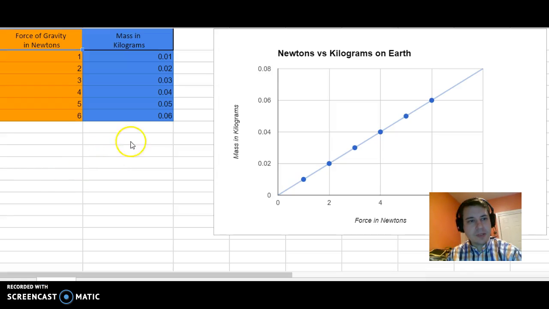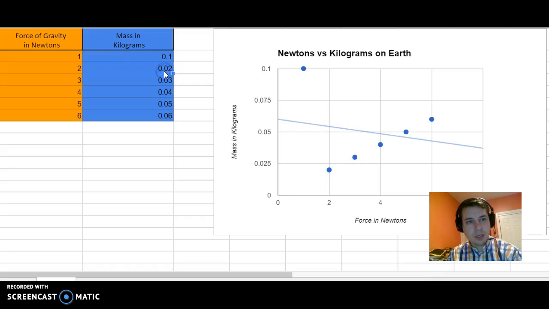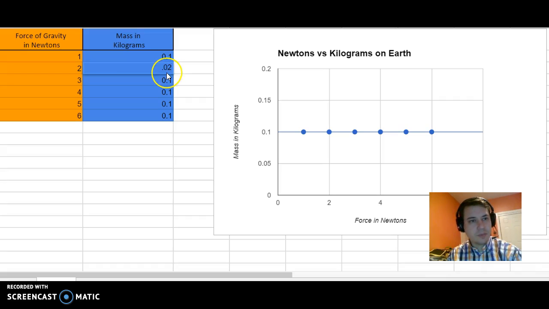Now, as far as what this data table should look like, if the force was 1 Newton, the mass in kilograms should have been around 0.1 kilograms.